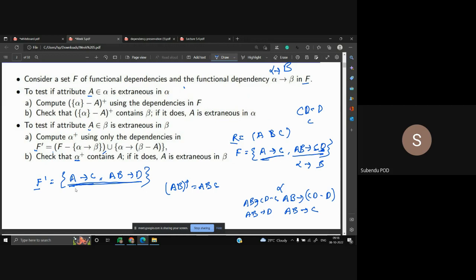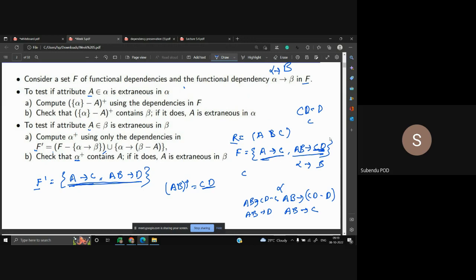Now we check AB plus with the help of this F dash. A determines C, AB determines C, so we get CD, so it will be ABCD. AB determines AB is trivial, that's why I did not write it, but you can write it also. So we get the beta part, whatever we get, CD. Then we can say that C is an extraneous attribute in AB determines CD.